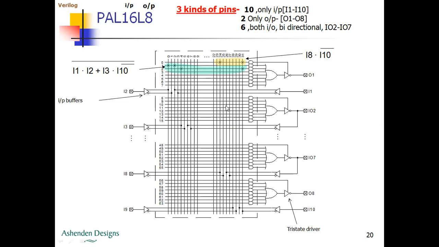So at the end of the OR gate, we can use registers to implement sequential designs, like FSMs. FSM stands for finite state machines. Using the registers at the output end, we can also implement sequential functions like finite state machines.